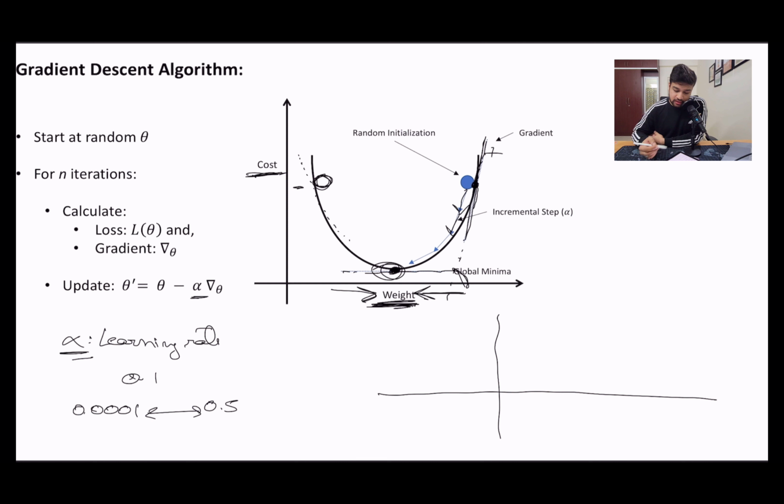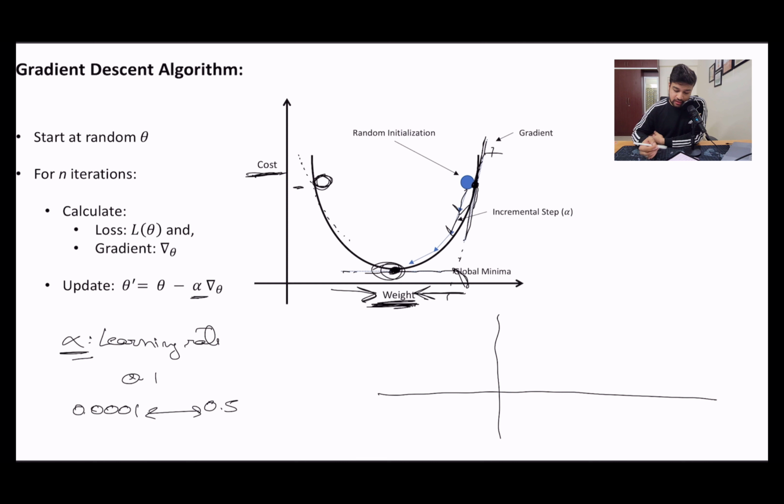That is controlled using something known as your learning rate. So alpha here is your learning rate. Learning rate basically tells you how big a step you should take in the direction of your gradient, or negative of your gradient.